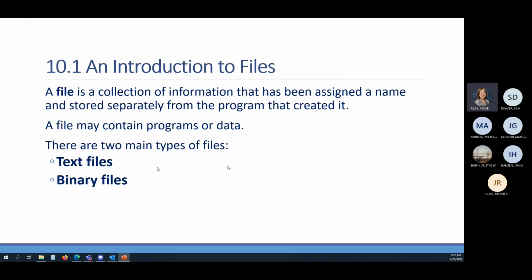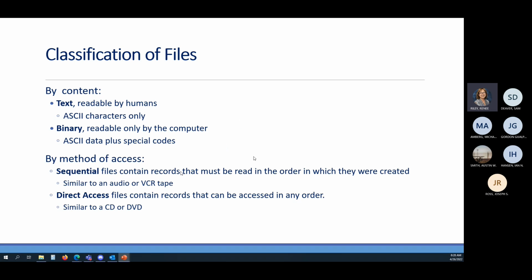Okay, so back to the textbook presentation. They refer to those two types of files as text files, like sequential, versus binary files that are program files, things that maybe have been compiled to run. A text file is something we can read, and we actually in the C# class had trouble last week or the week before on an assignment because there was text embedded in the file that was not readable by humans.